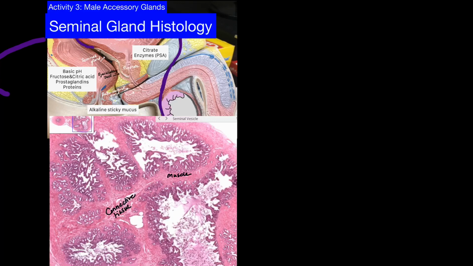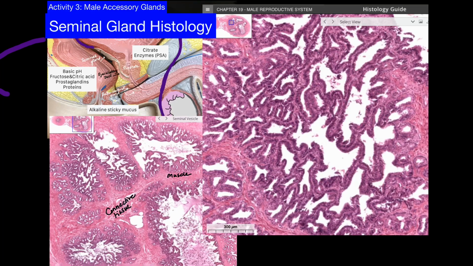The most obvious thing that should stand out to you are these highly convoluted folds. It almost looks like a honeycomb structure. There's lumen in the center of the tube, which is the actual place where it's passing through, but the mucosa itself is highly folded.